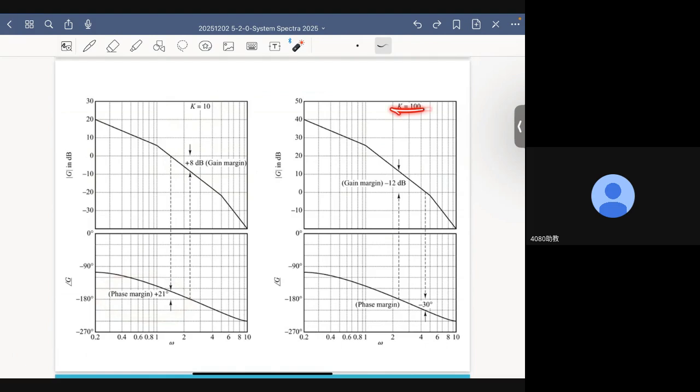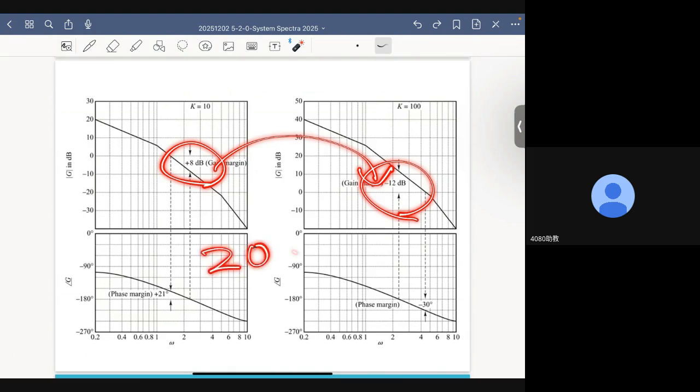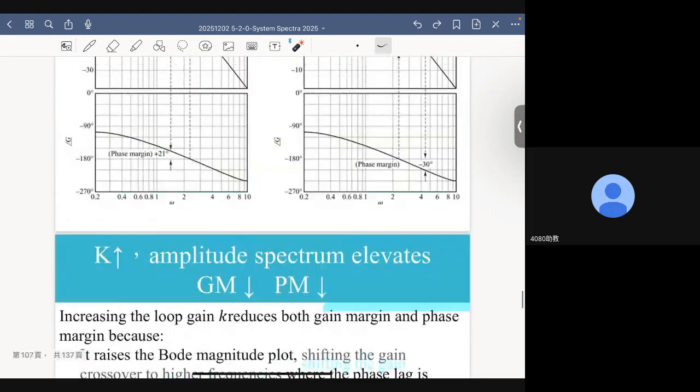If you increase K by a factor of 10, that is, the value of K increases from 10 to 100, then the gain margin reduces from 8 dB to minus 12 dB, a 20 dB reduction.